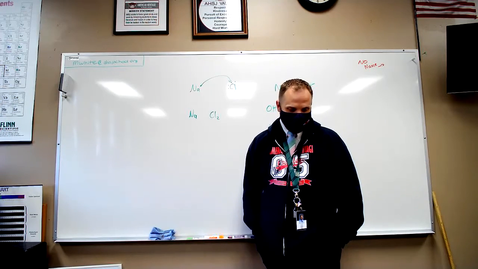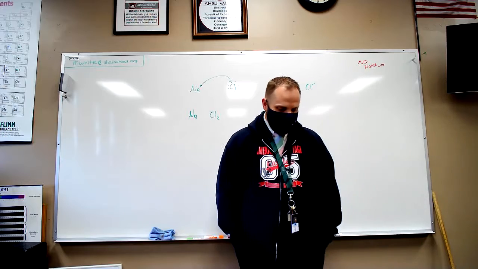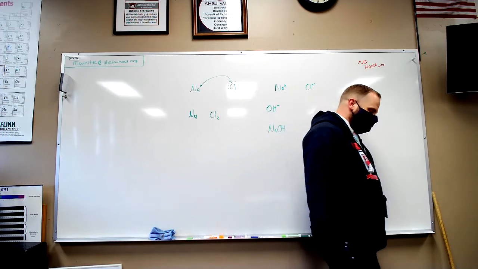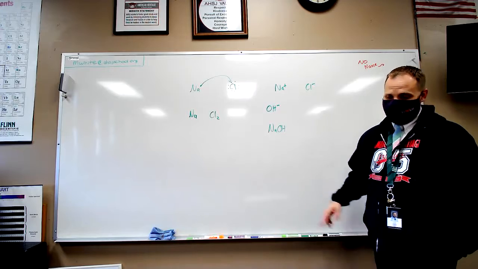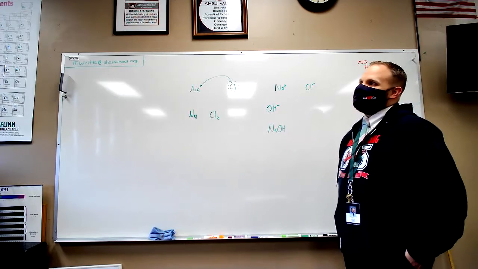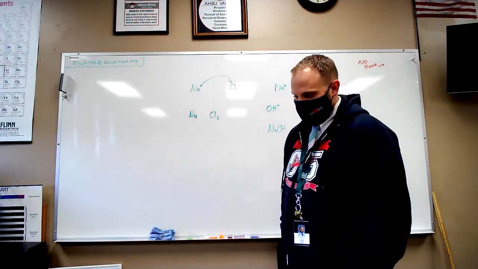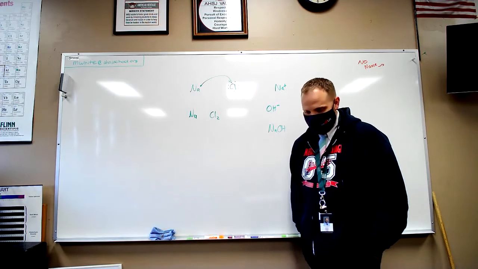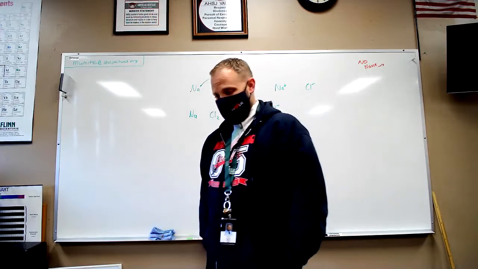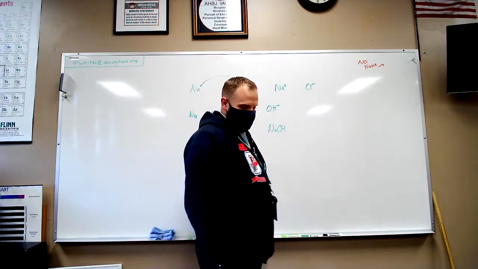So, at the end of the 1800s, we actually have 2 different scientists that figure out a way to do electrolysis. They weren't working together, but right around the same time, they both figured it out.